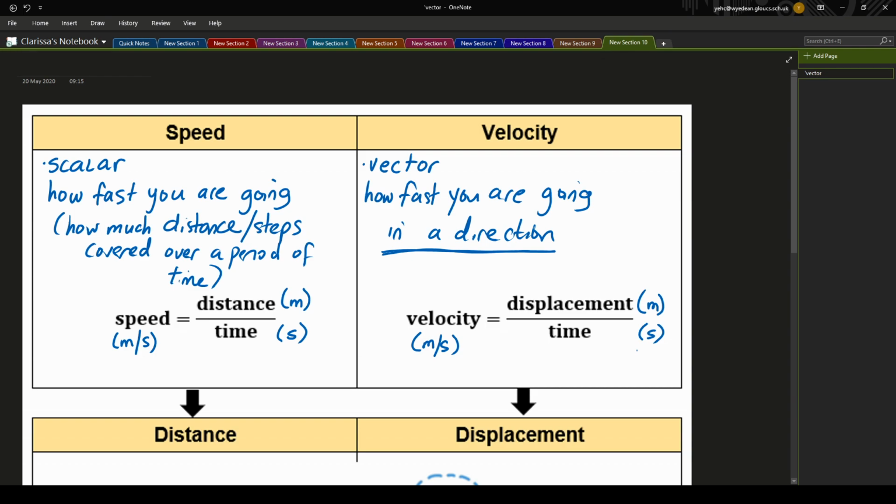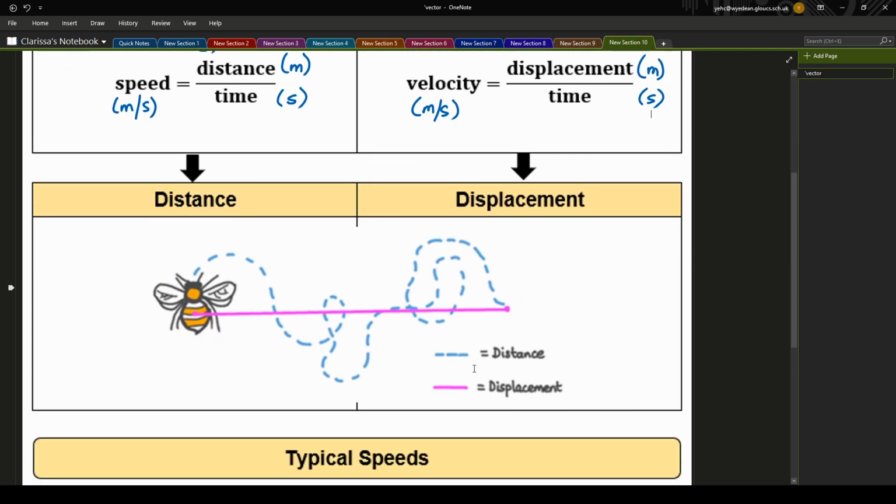We've talked about this word displacement before in our last topic, our forces topic, when we first introduced scalars and vectors. Displacement, remember, is because we care about the direction, it's how far you are from your start point. If I scroll down here to give you a visual example, distance is like the amount of steps, the ground covered.